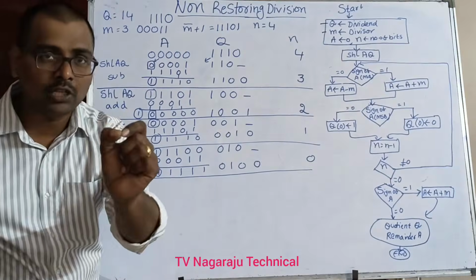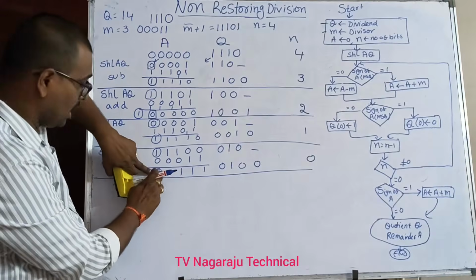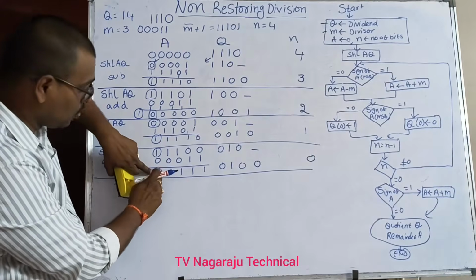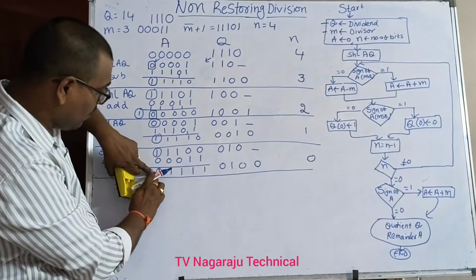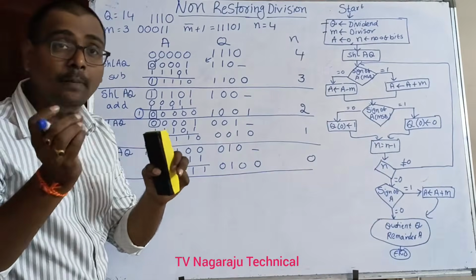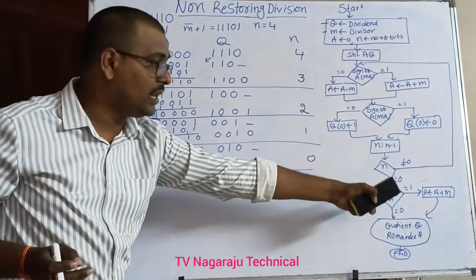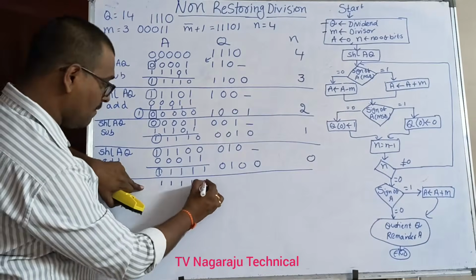Now the last step, you need to check the sign of MSB. If the sign of MSB is equal to 0, this is my remainder. Suppose the sign of MSB is equal to 1, then perform the restore operation. That is, A is equal to A plus M. This is my A value.